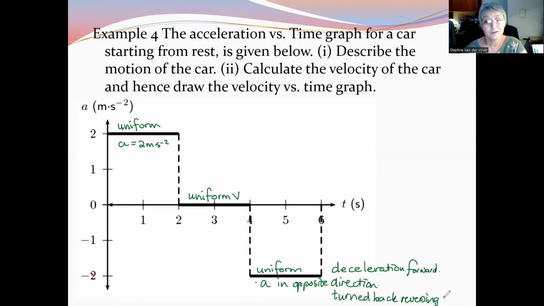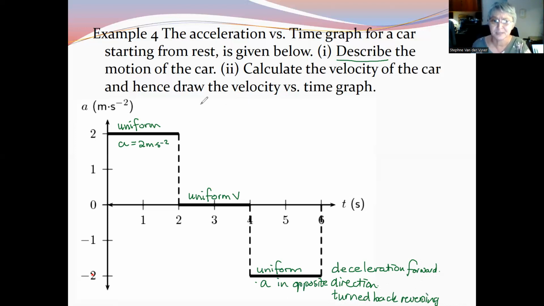One of those situations. So I have described the motion of the car. The second part to the question says calculate the velocity of the car and hence draw the velocity time graph.